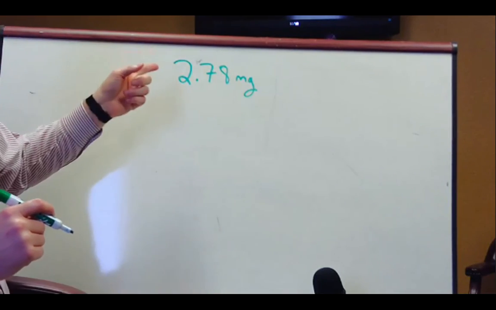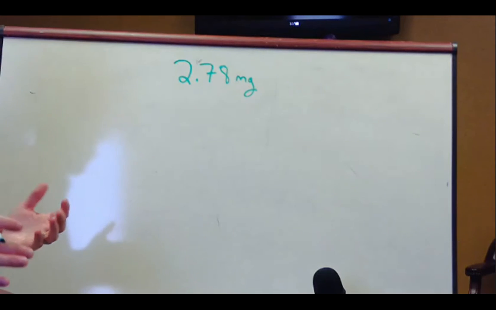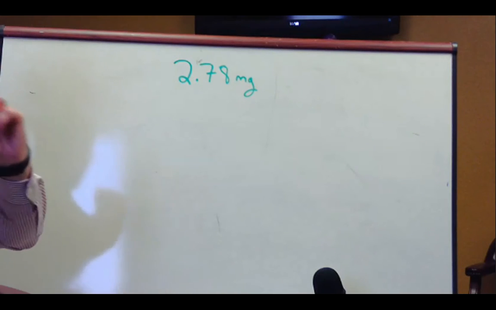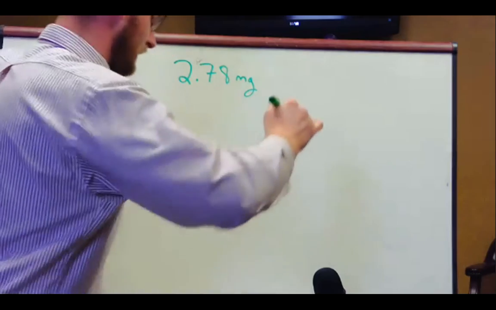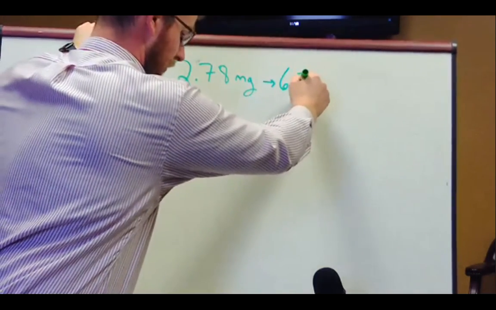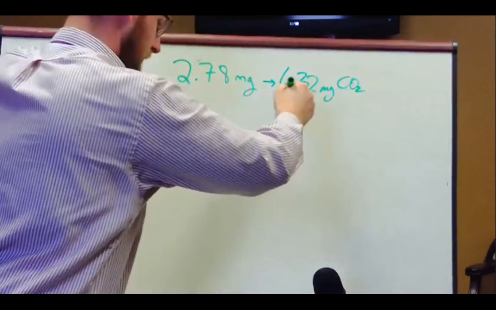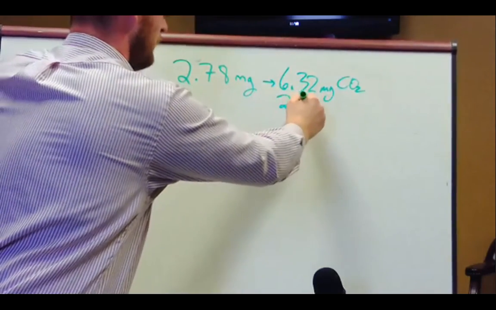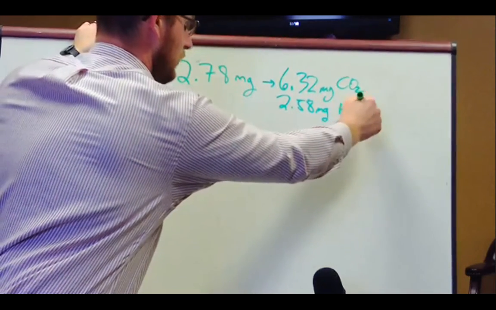You combust it, right? This is a type of analysis where you take a sample and you burn it and you measure the products. And here's the products of a combustion. You get 6.32 milligrams of carbon dioxide, and you get 2.58 milligrams of H2O.